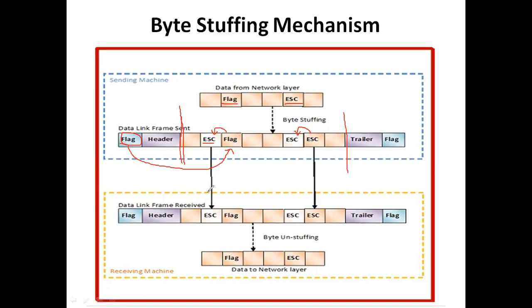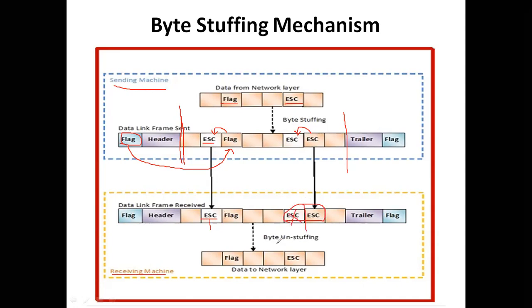See here, this is the receiver side, and here it is the sender side. At the receiver side, if any escapes are there, then we can remove or take them out from the payload field. See here, one escape, and here two escapes are there. From these two, we can take out only one.